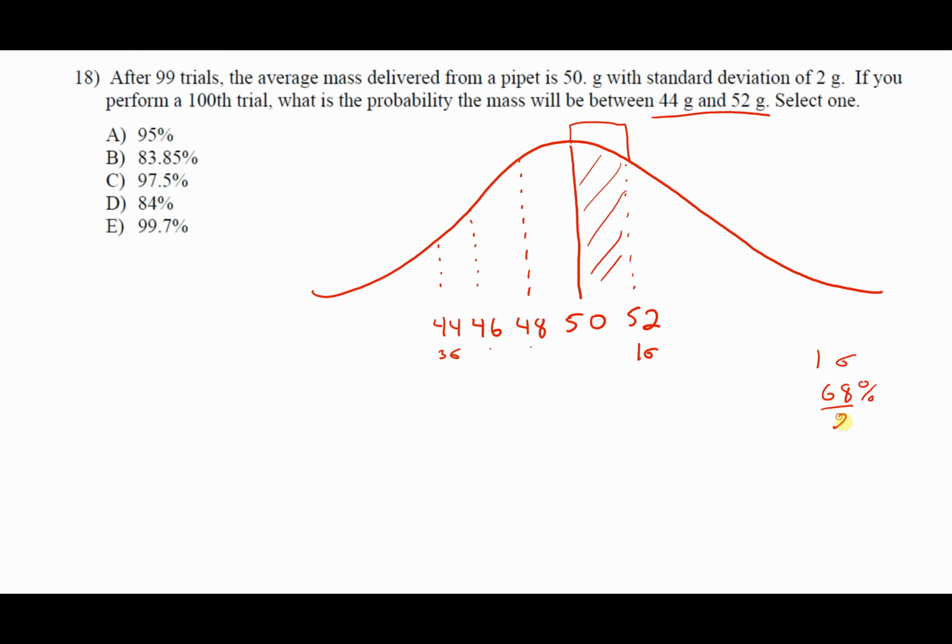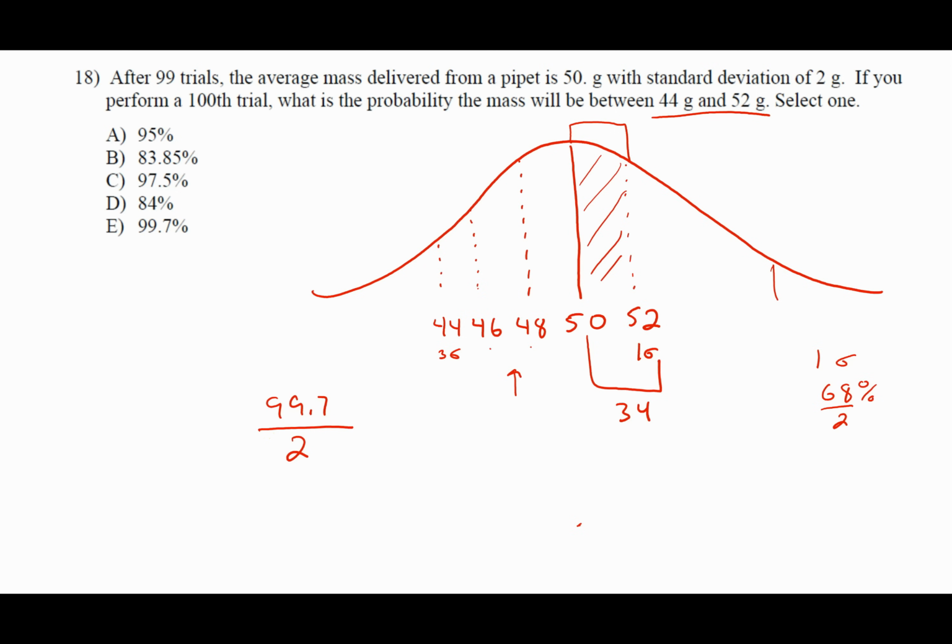So I really have 68 over 2, right? So right here for this area, it's 34% chance. Okay, what about 3 standard deviations? Well, if this is 68, that's 95, that's 99.7 of being in plus or minus 3 standard deviations. But once again, I only have half of that.